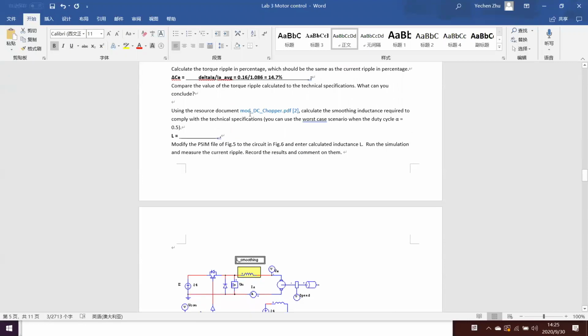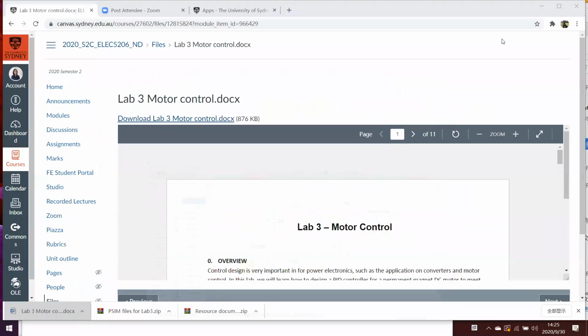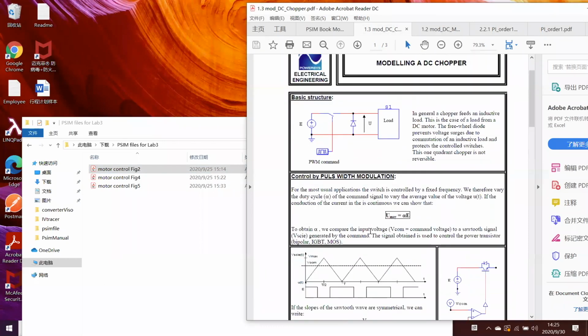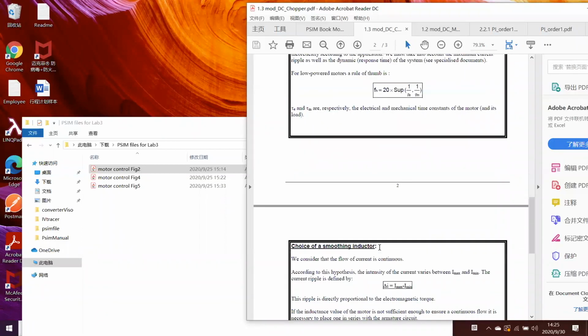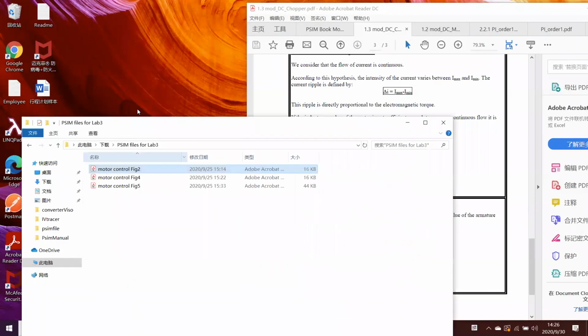So now we open this document, and we use this equation to calculate our inductance value.